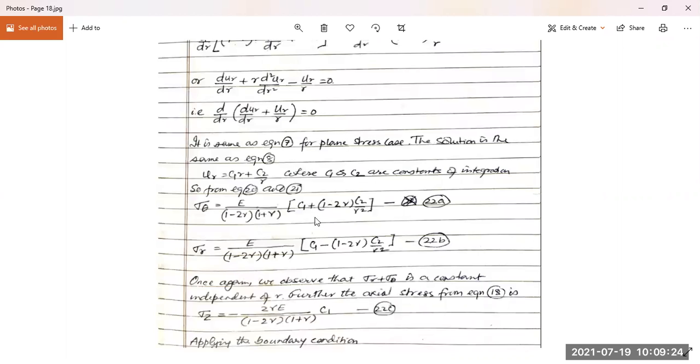If you put dr here, from the equation itself, the equation will take the form C1 into 1 minus 2 gamma, plus C2 by r square, and C1 into 1 minus 2 gamma, minus C2 by r square itself. And gamma square is not r but gamma. So what happens here?